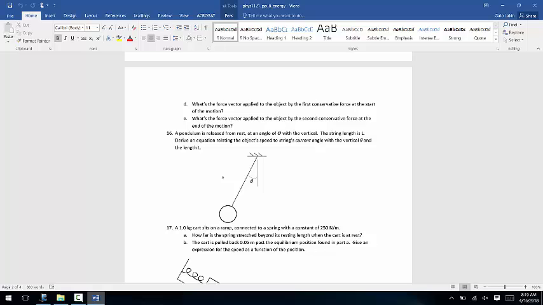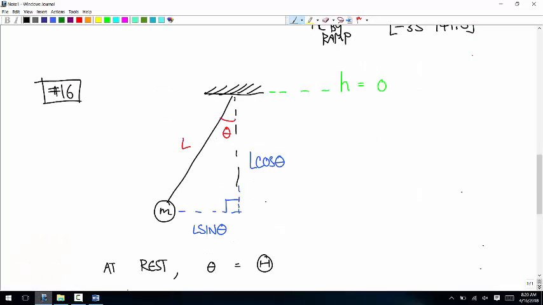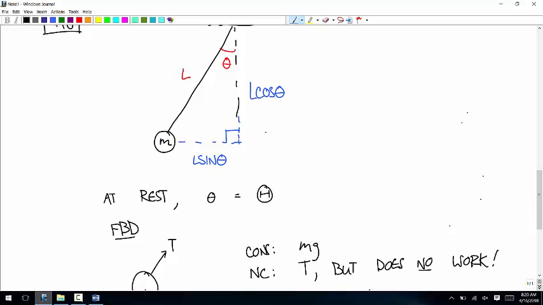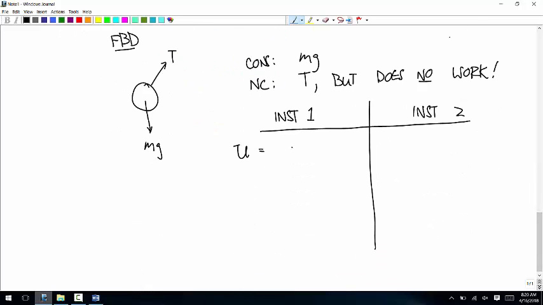In this position, the angle there would be capital theta. It's at rest at the instant you release it. And then it speeds up as it goes down and slows down as it goes up. Okay, so potential energy is negative L cosine capital theta.